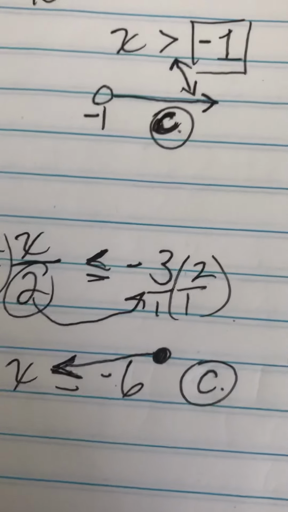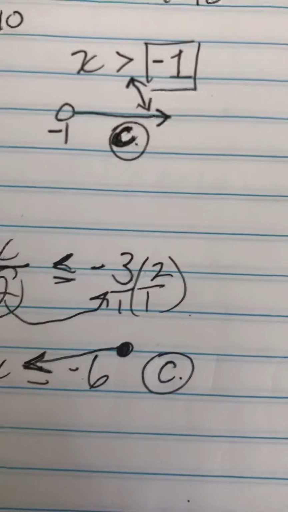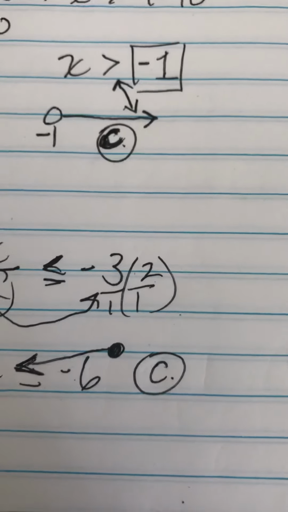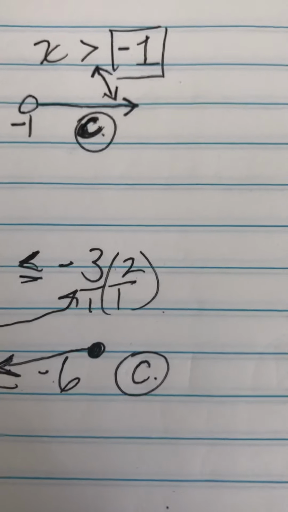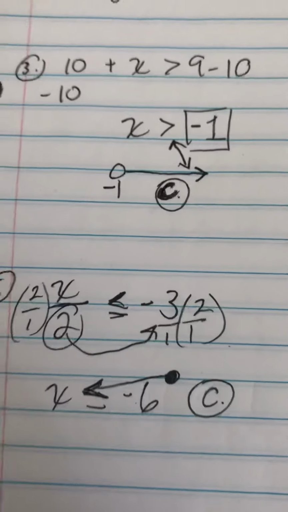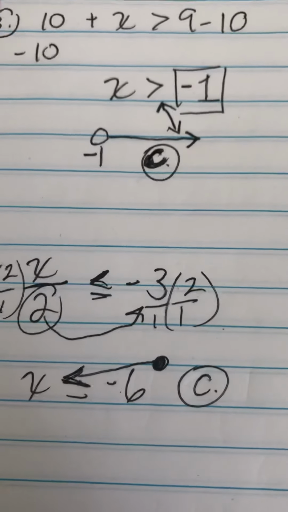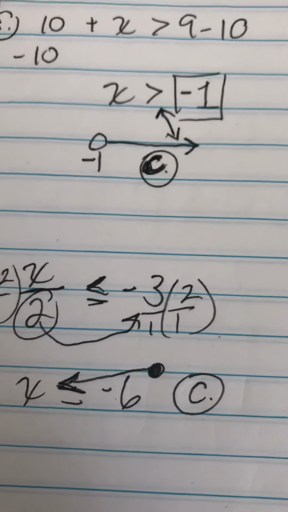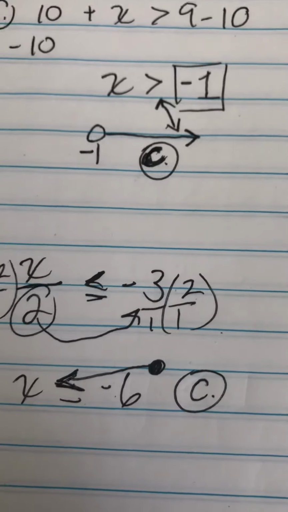So let me check those real quick. And what am I doing? This is not okay right here. I don't know why these answers just aren't right today. This should be C. Double check. Sorry guys, just double checking.